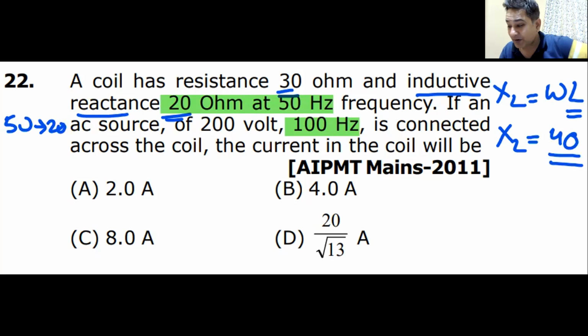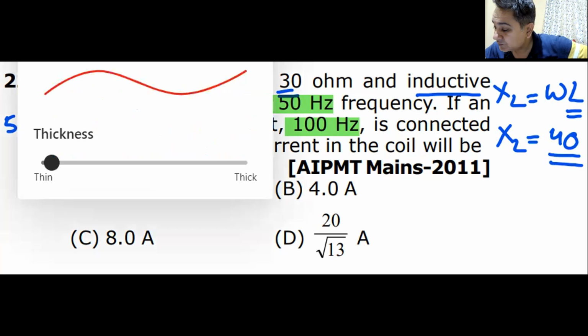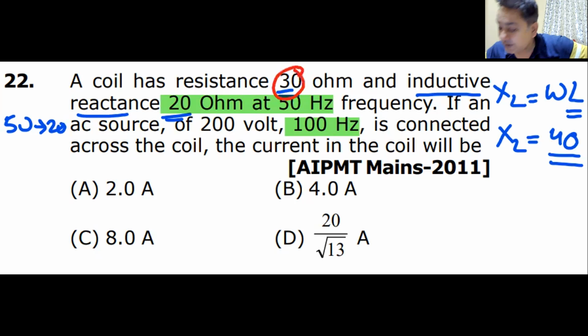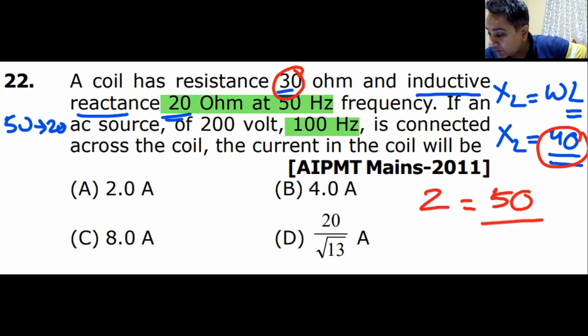Now remember my Pythagorean triplet. Resistance is 30, reactance is 40. So what is the value of Z now? 30 square plus 40 square, Pythagorean triplet. So the value of Z becomes 50, not 10 root 13.